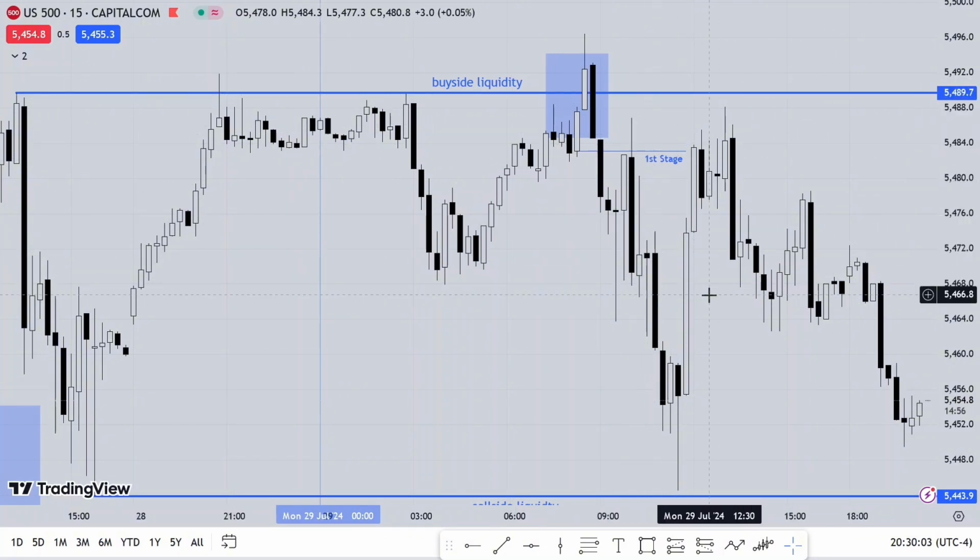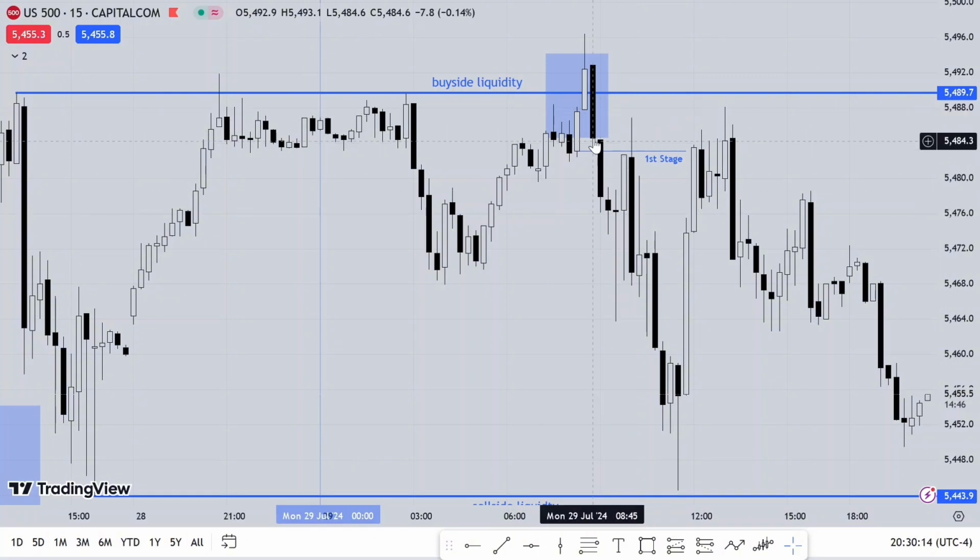So here you have the first stage, and when you are anticipating the second stage distribution in price, you do not expect this high, which is this intermediate term high balancing this imbalance, to be violated. You do not expect price to trade above this swing high here.